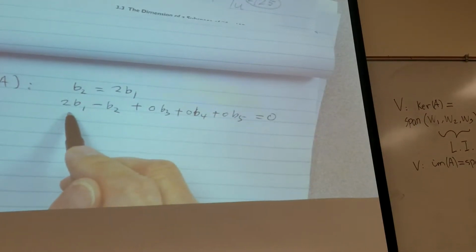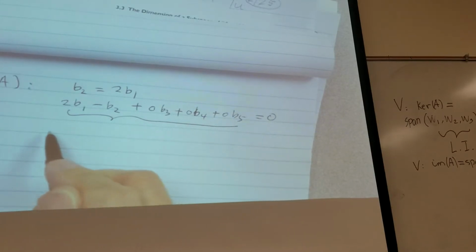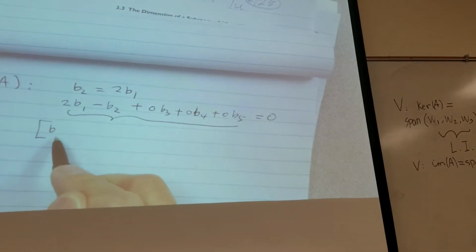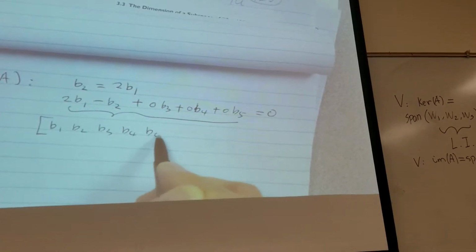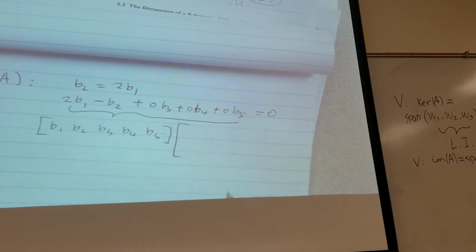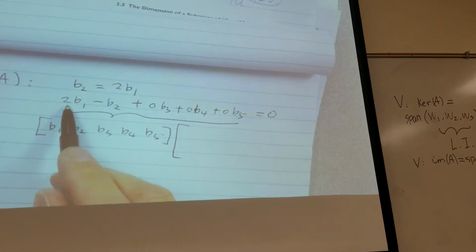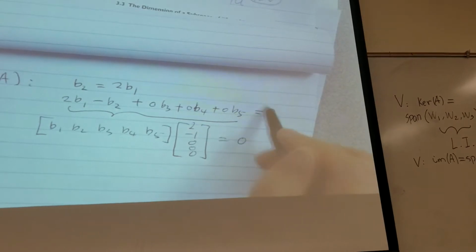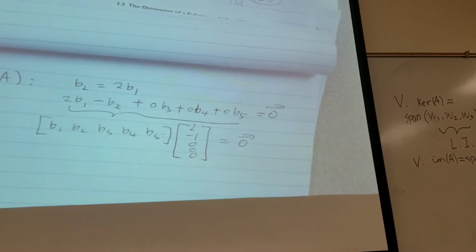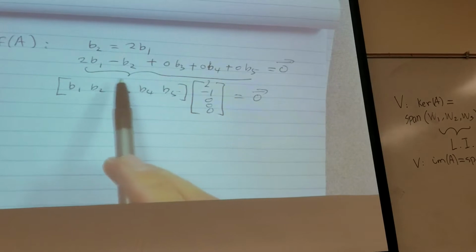So remember, the left hand side is this matrix B1, B2, B3, B4, B5 times the coefficients 2, -1, and then 3 zeros equals 0. This is the 0 vector. So we have seen this many times, right?